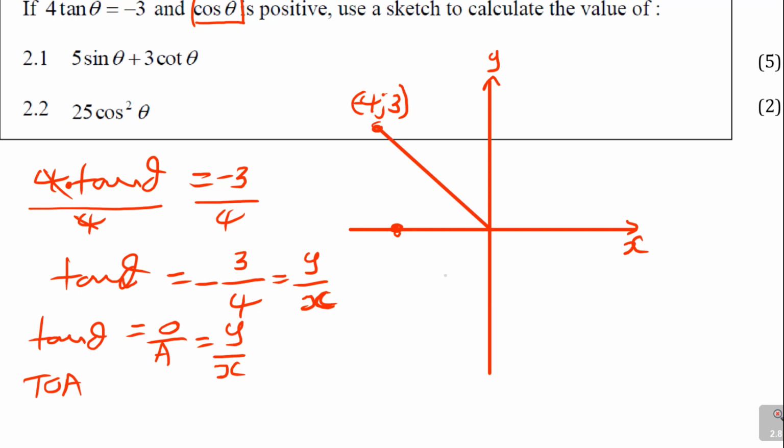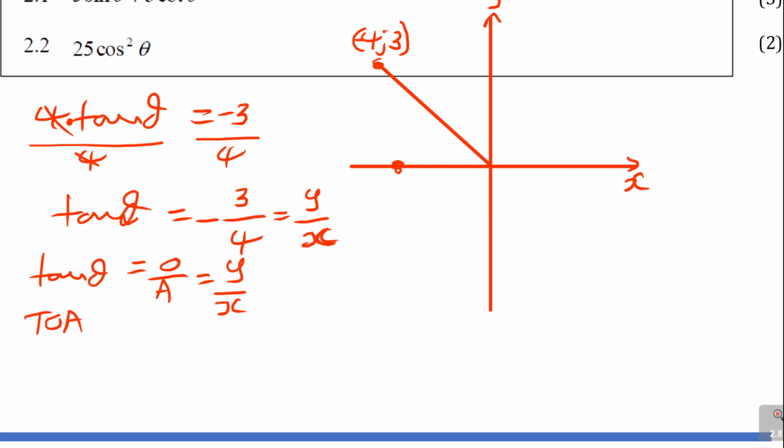They told me cos is positive. Cos is my decider. So if I do this, I say cos theta is adjacent over hypotenuse, which is equal to x over r.